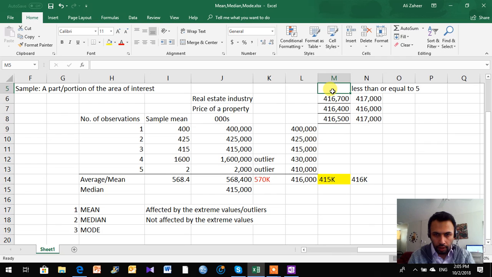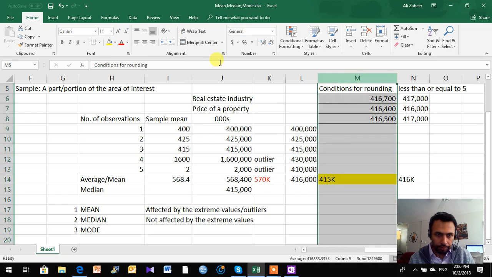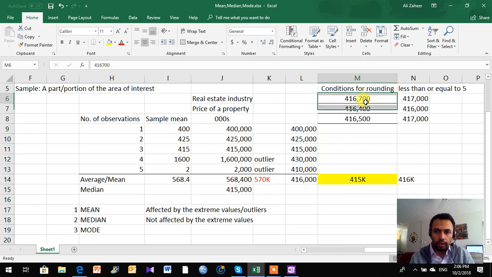So we can say, conditions for rounding. The condition is that the value after which you want to round has to be greater than or equal to 5.